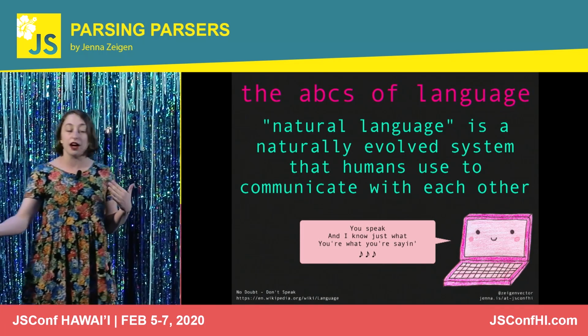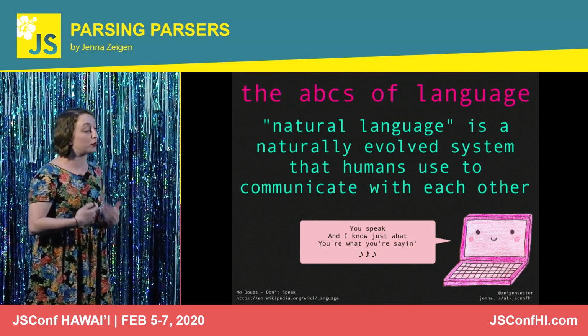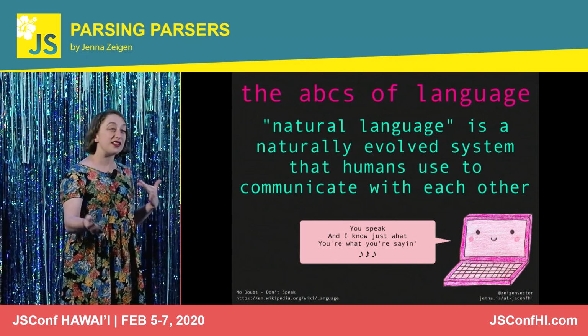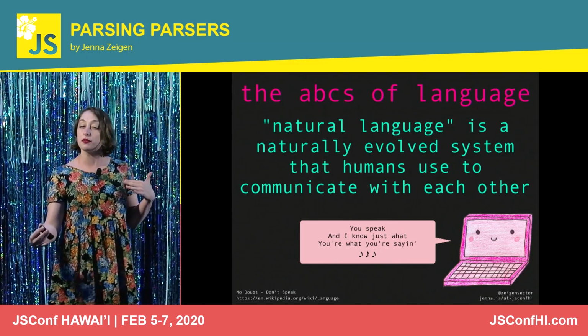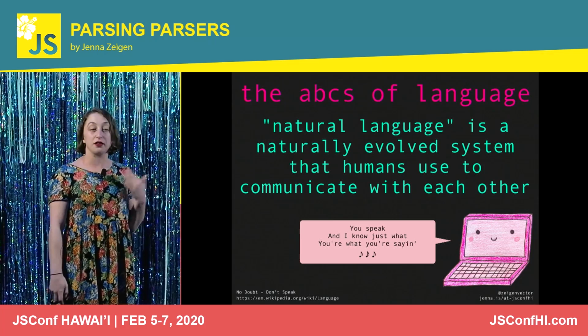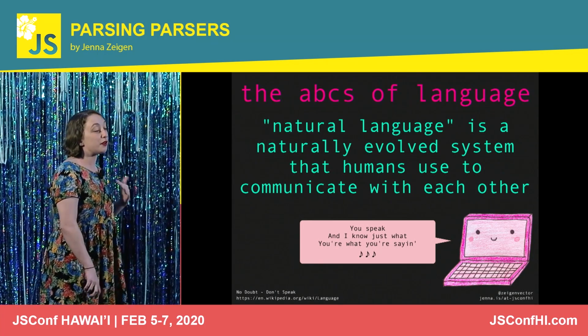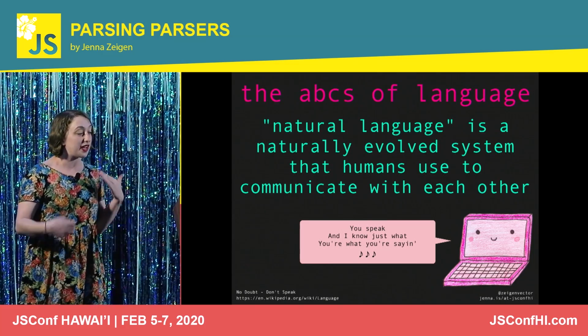There are rules that govern how we put words together and how we put letters together to form words, but we don't necessarily know these rules explicitly. We might learn them in English class or in whatever class like that where we learn the rules of grammar, but we don't necessarily know these rules explicitly.